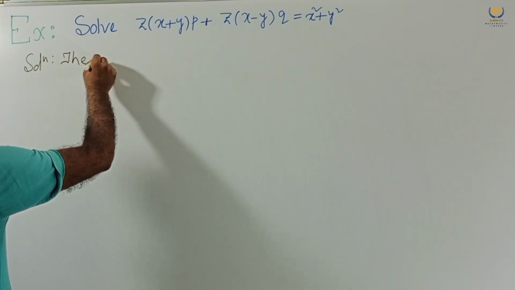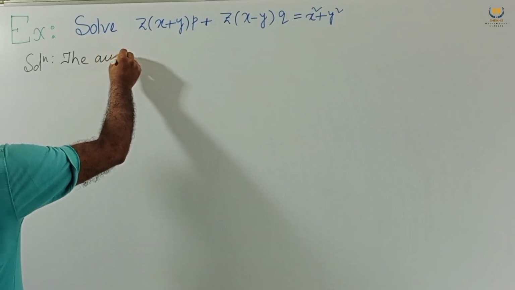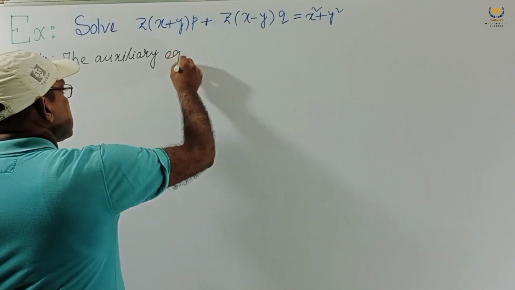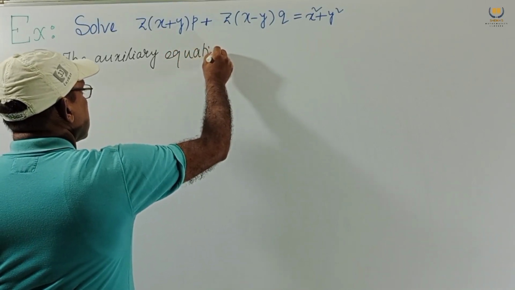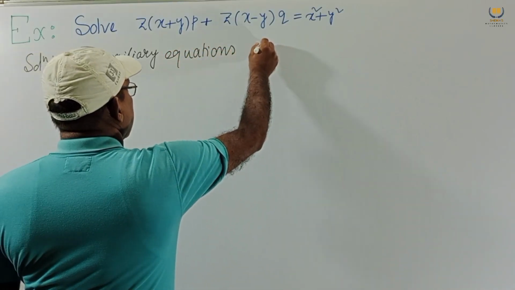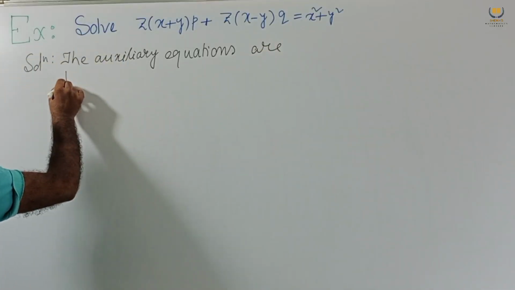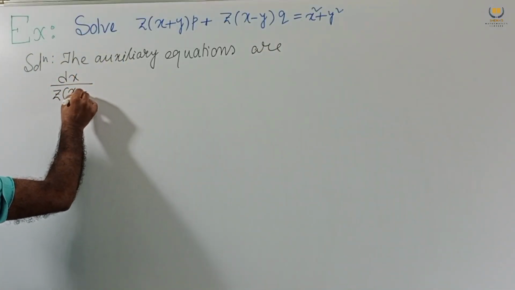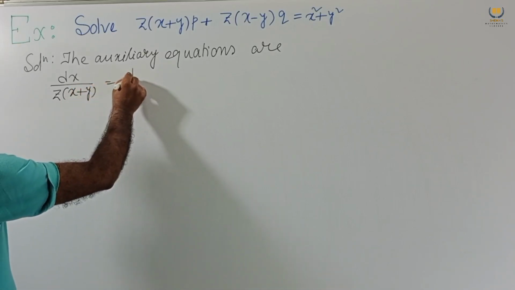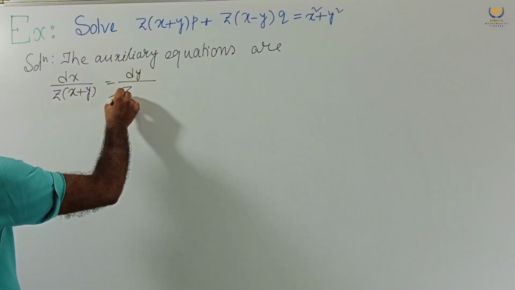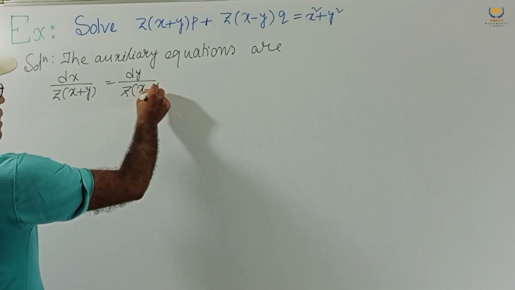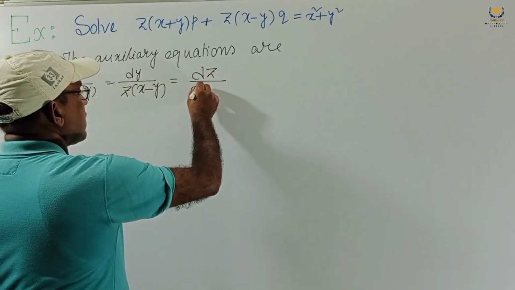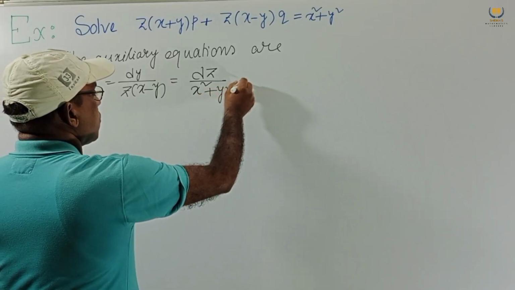The auxiliary equations are dx by z into x plus y, dy by z into x minus y, dz by x square plus y square.